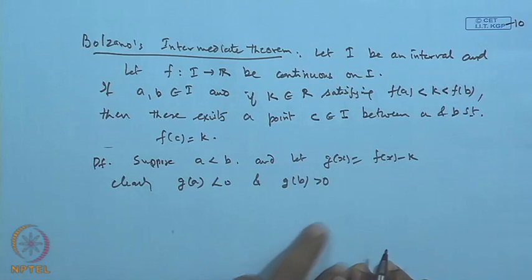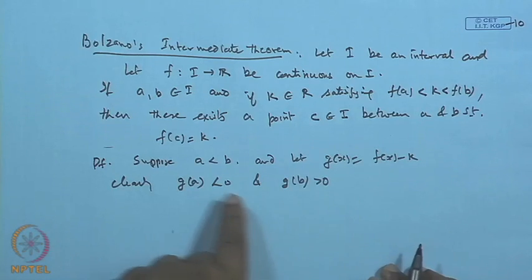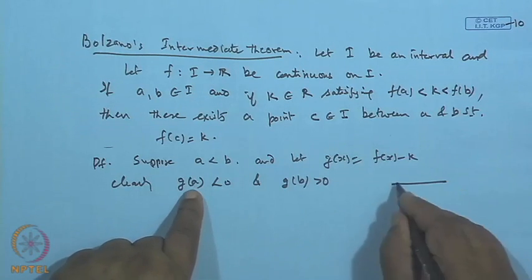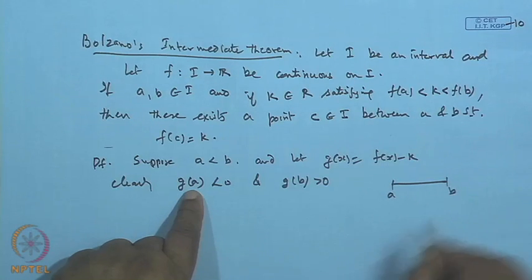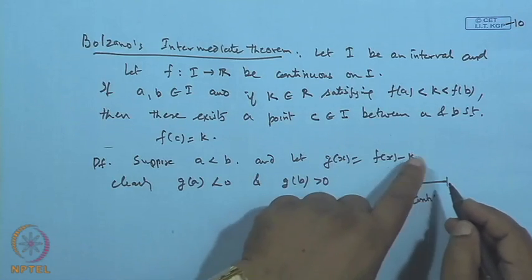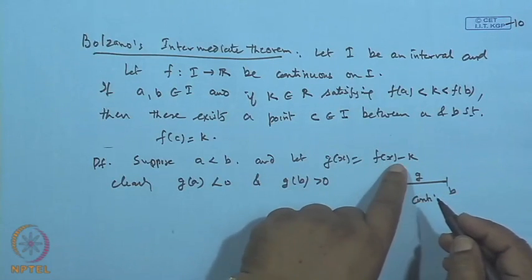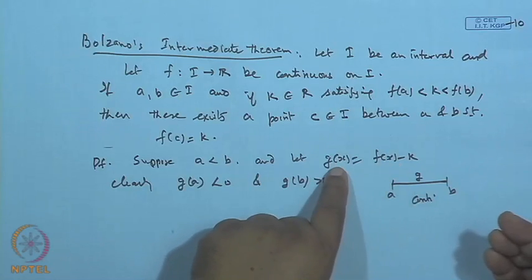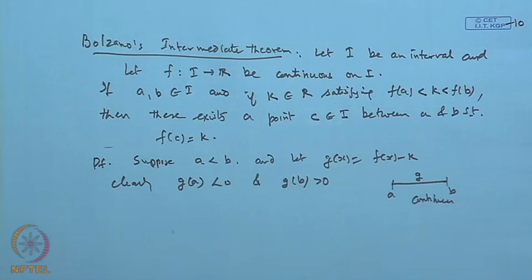So this function g has a negative value at the point a and a positive value at the point b. g is a continuous function because f is continuous and k is constant. Addition or subtraction of continuous functions is continuous, so g is continuous over the interval [a, b].